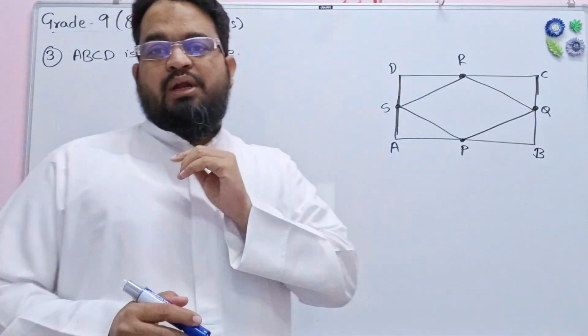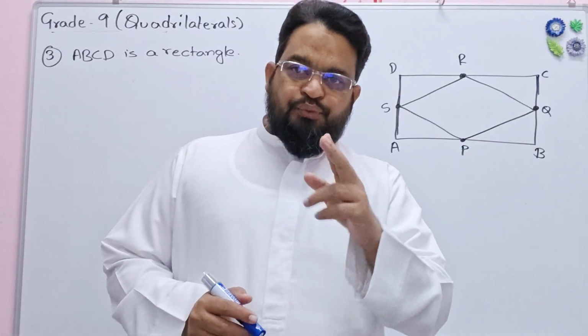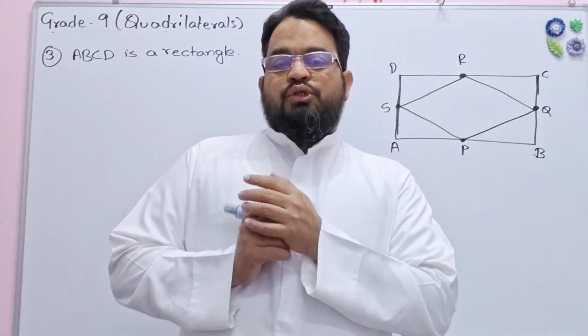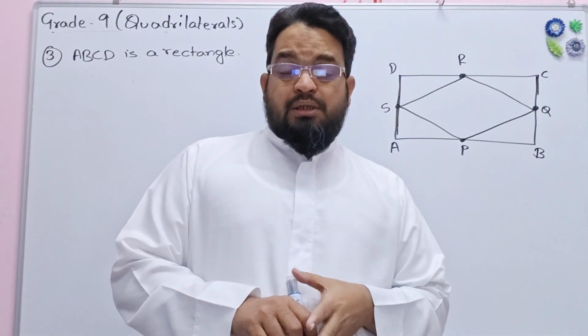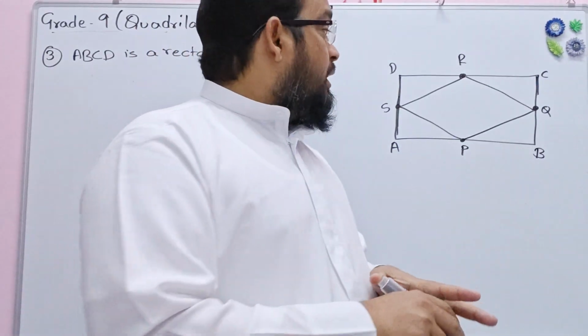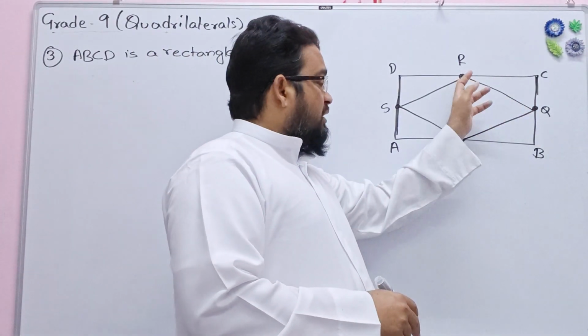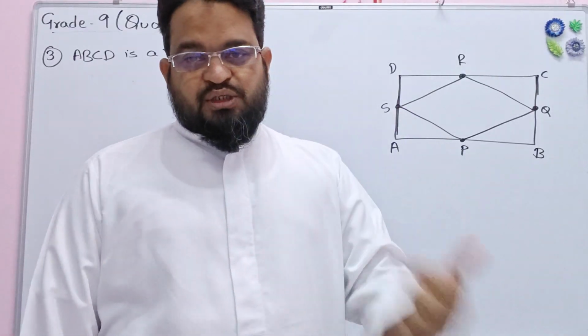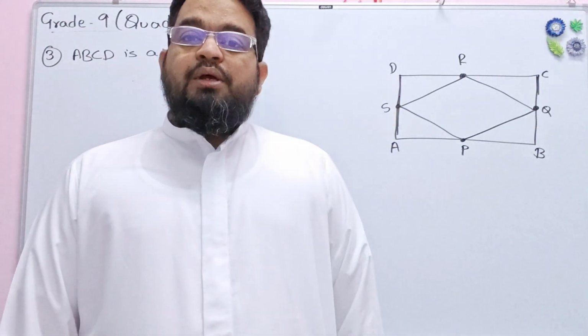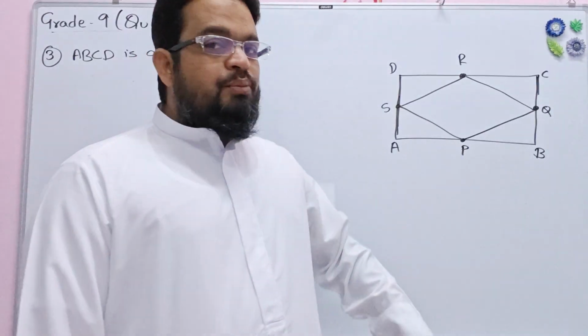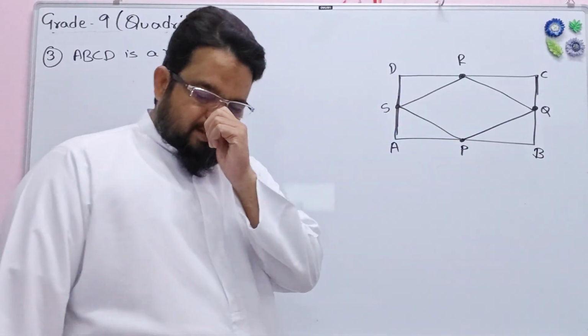What is the difference between a parallelogram and a rhombus? Just now we have seen that when you join the midpoints of a quadrilateral, the figure formed is a parallelogram. Now we have to prove it is a rhombus.